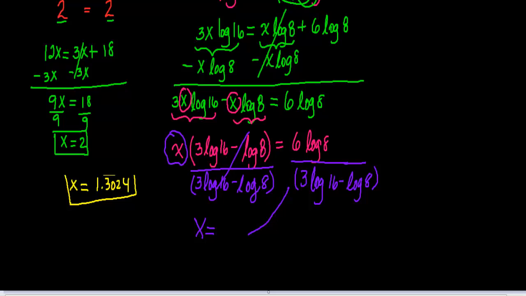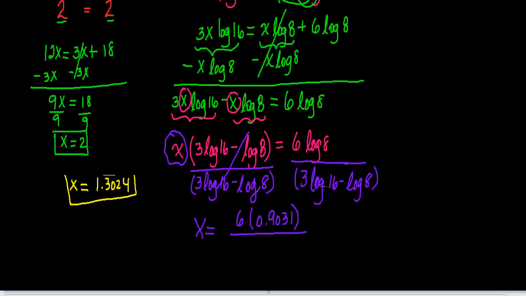How do I do that? Well, you first look for log of 8 and then you multiply times 6. Okay? So let's do that. In the numerator, log of 8 is 0.9031, times 6.